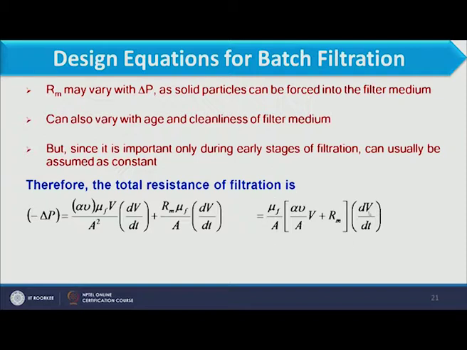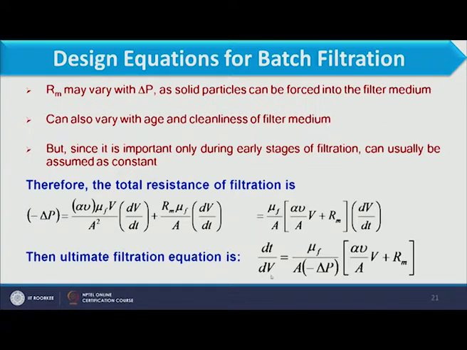Further rearranging this, we find the ultimate filtration equation: dt by dV is equal to mu F by A pressure drop into alpha V by A capital V plus Rm. So this equation is basically the governing equation for the filtration process, and we will use it for further calculations, deriving different cases and different expressions.